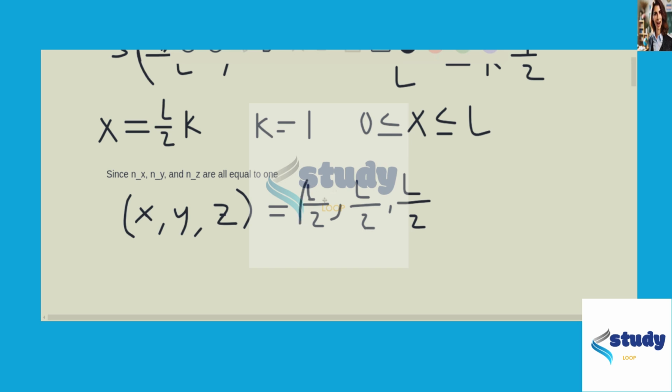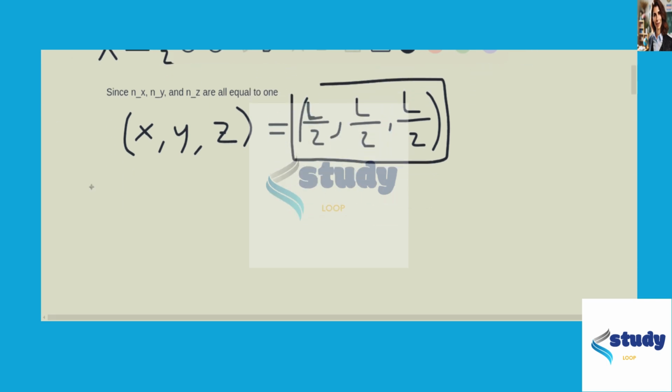So next, for part B, it's going to be the exact same thing. This time n sub x and n sub y are equal to 2, and n sub z is equal to 1. So again, we're using the exact same method, except for this time, k can be equal to 1 as well as being equal to 3 for x and y.